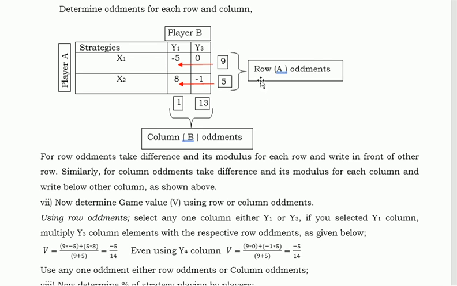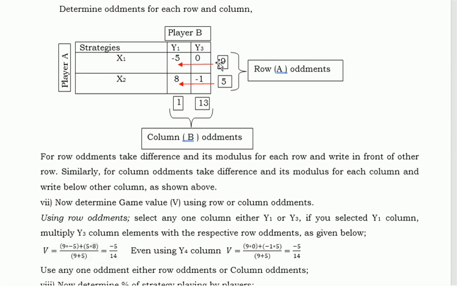If you use row oddments, select any one of the columns. If you select the y1 column, 9 into minus 5, 5 into 8, divided by 9 plus 5, that is minus 5 by 14.